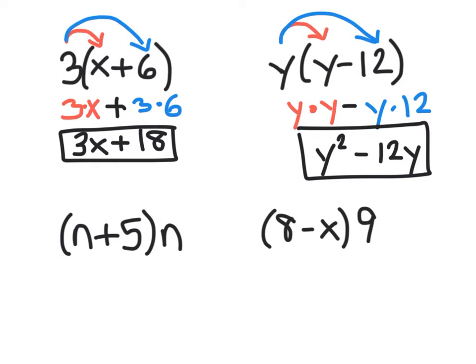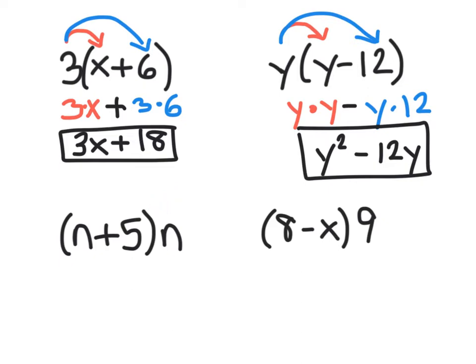The next example has something a little bit different. You'll notice that we have n plus 5, in parentheses, times n. Remember, right here, in between the n plus 5 and the n, there is a multiplication symbol. Alright, so we are going to do the same thing.